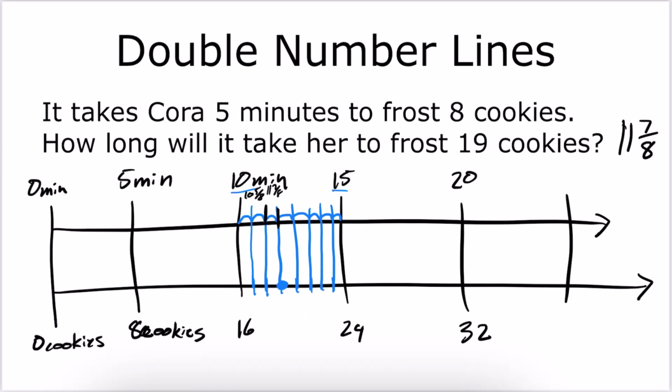And in this case, you could also do it with decimals if that's easier. Like you could figure out what 5 divided by 8 is, because that's a terminating decimal. And you could do it in decimal form if that's easier for your students. But that's how you can use double number lines to find values that are not necessarily the ratio marks that we made with these black lines.